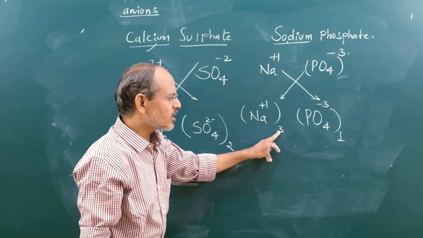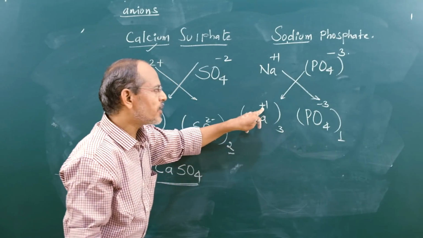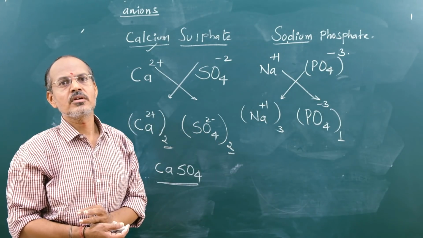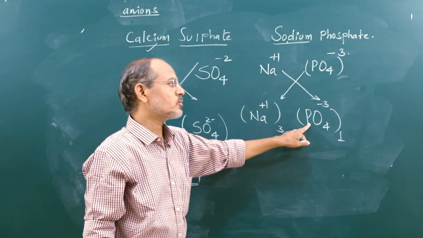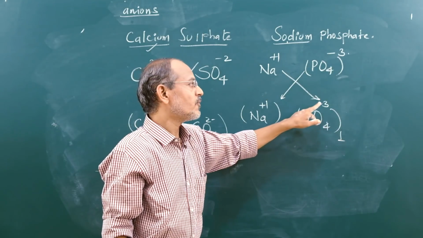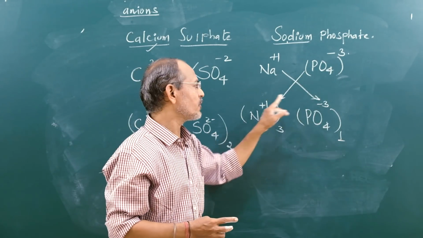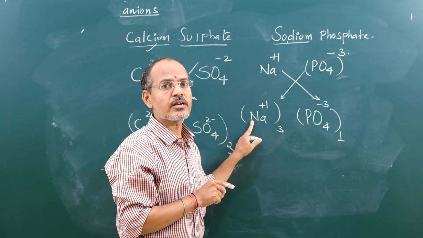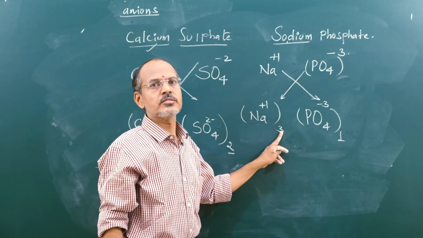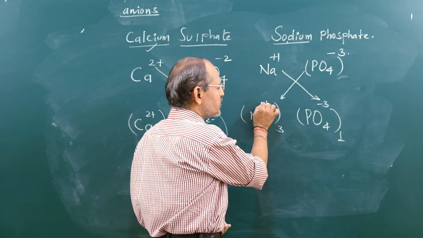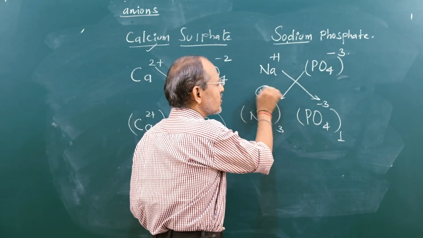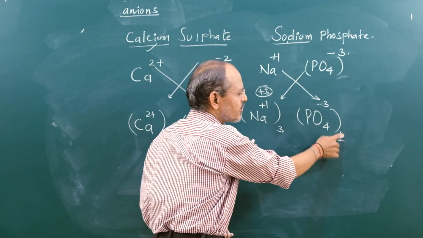Now what does this number indicate? Here it is plus 1. That means 3 sodium atoms are required to bond with 1 phosphate group, because phosphate requires 3 electrons, and sodium has the capacity to give only 1 electron. So how many sodium atoms are going to approach? 3. That's why after multiplication, 3 into 1 is plus 3, and minus 3 into 1 is minus 3.